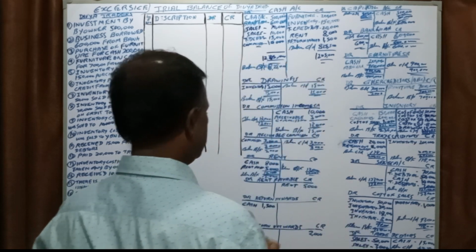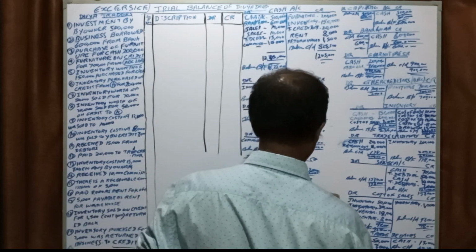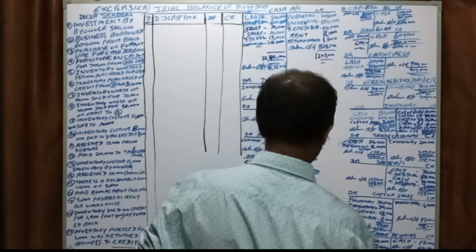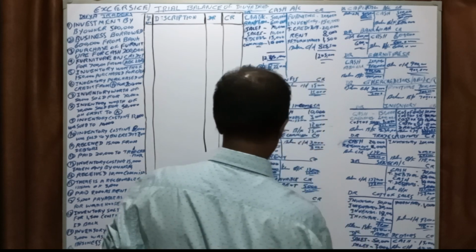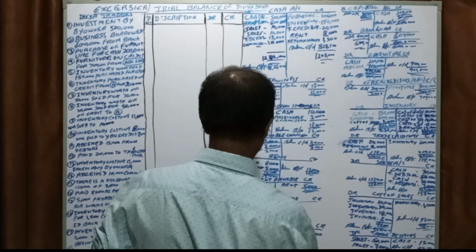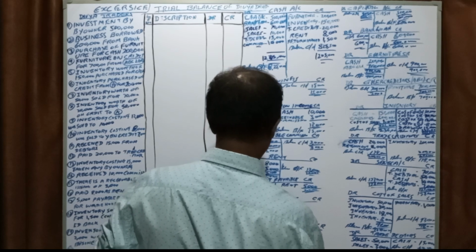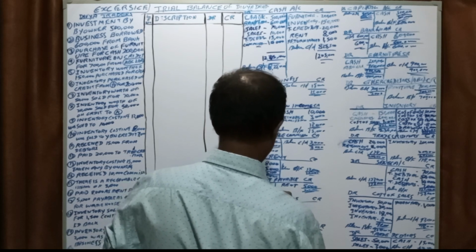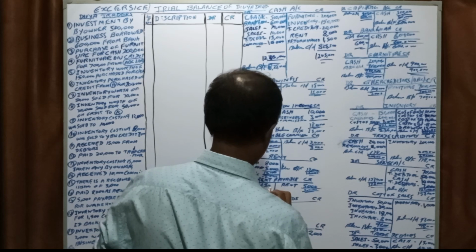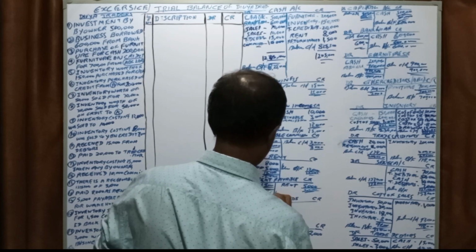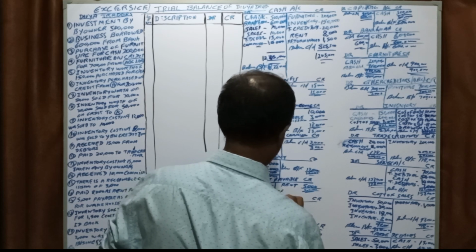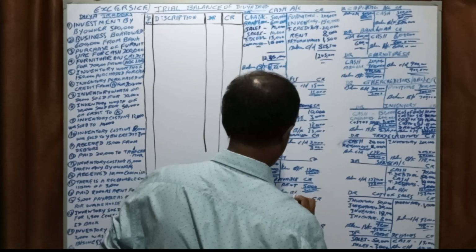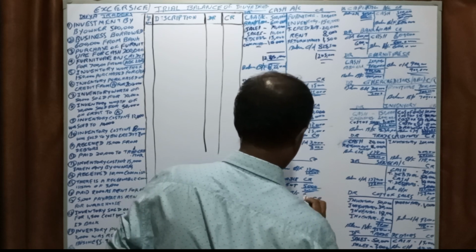Rent payable is 5,000. Here balance carried down 5,000. So 5,000. Here balance brought forward 5,000.